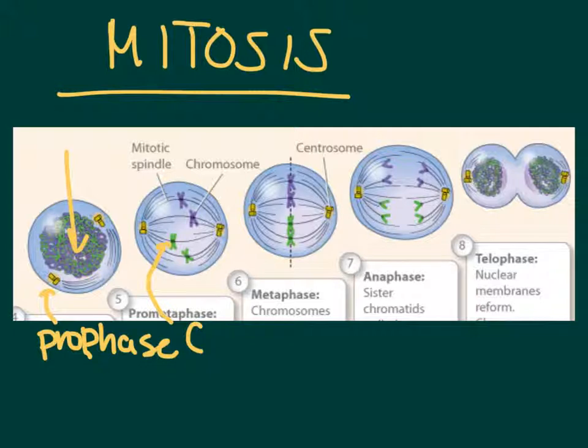Technically, the second picture that you see here labeled prometaphase, most textbooks just call it part of prophase. So most textbooks call prometaphase part of prophase. You'll notice that the chromosomes are completely visible as those little X's now, rather than being all unfurled as chromatin.